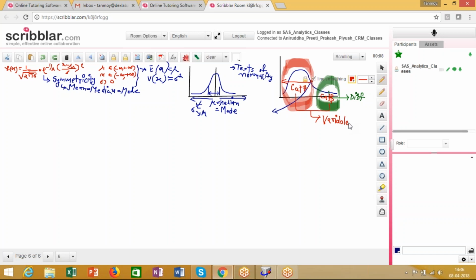In this case, you can see that when two different categories of values have been plunged into one single group, there has been an asymmetry, or a skewness, in the variable, right?